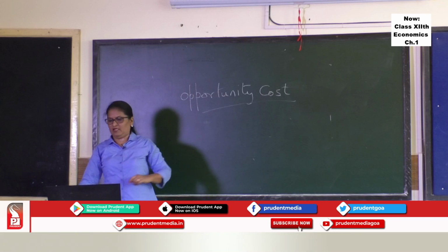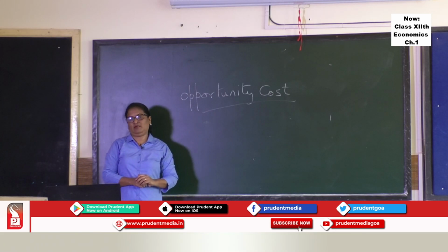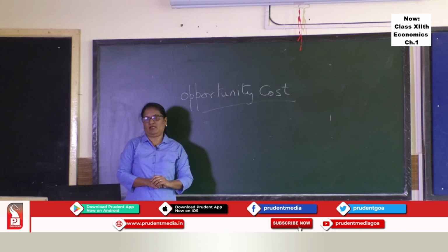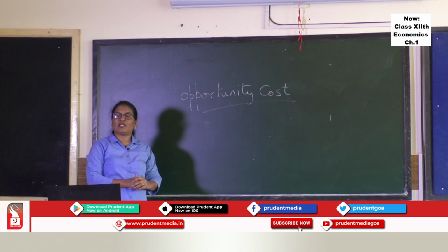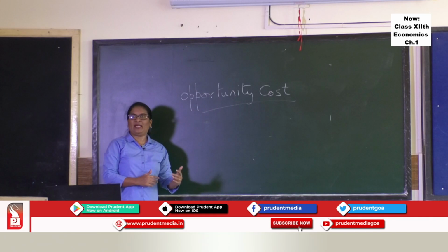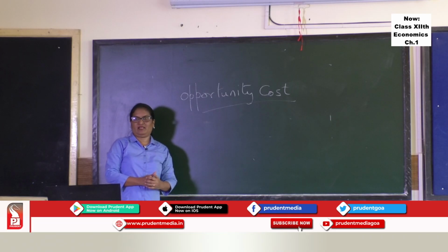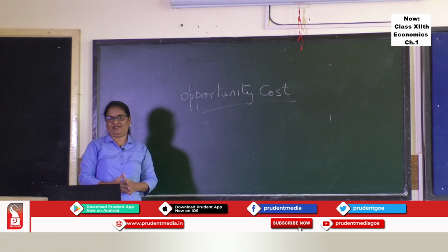Now students, this subtopic opportunity cost is a 1-mark question. Opportunity cost is also known as economic cost. It refers to the next best alternative, the next best option which we have sacrificed.